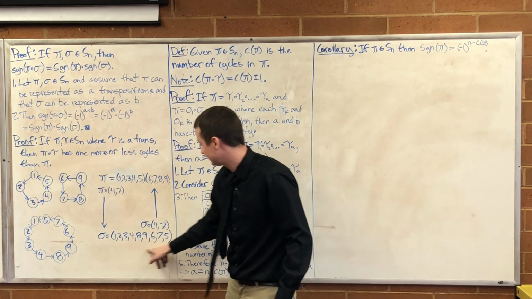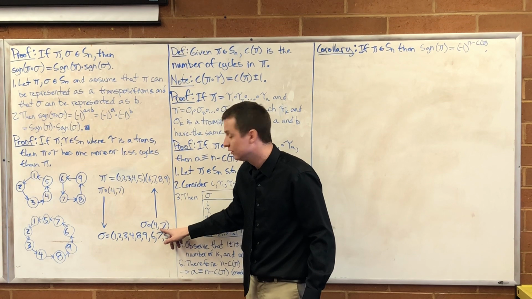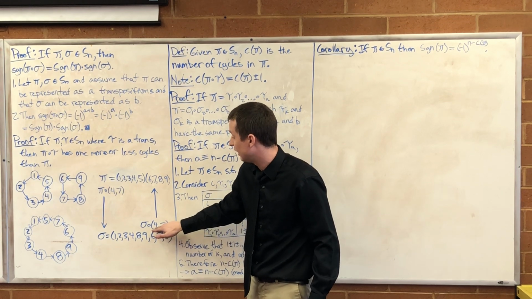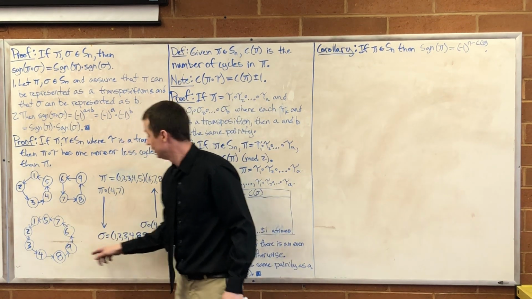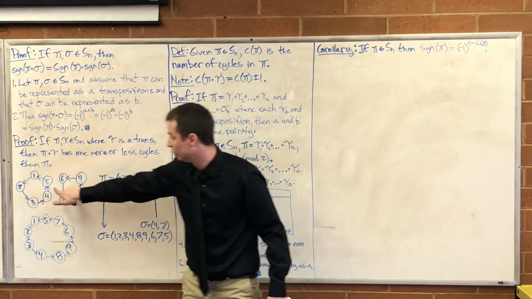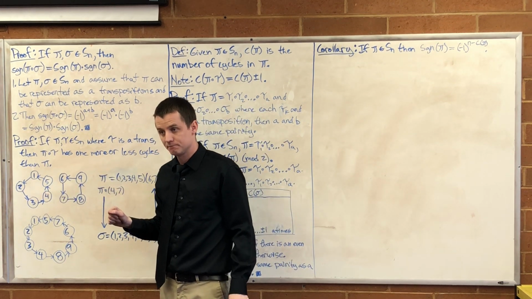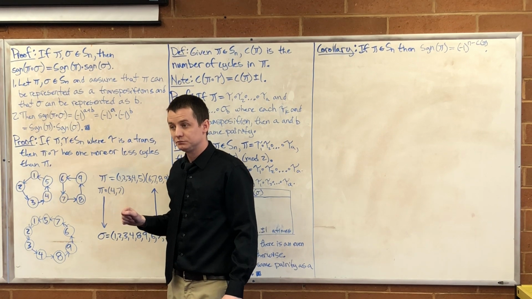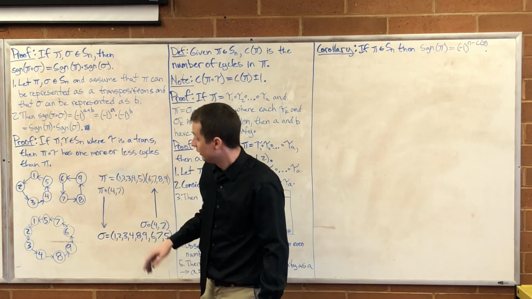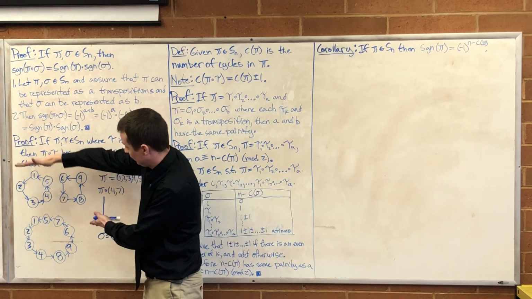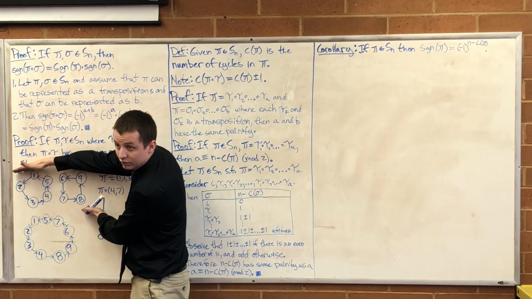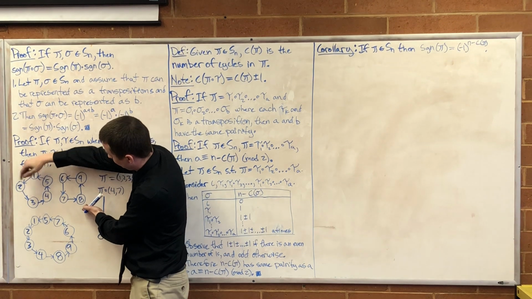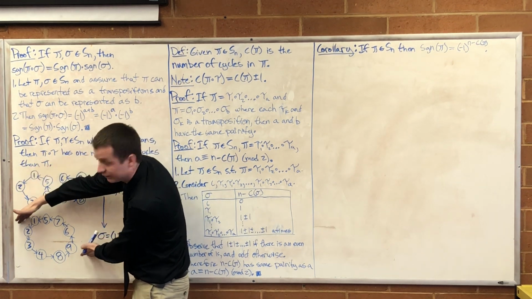And now when I take sigma and compose it with a transposition where both the elements are from the same cycle, it splits it into 2 separate cycles. So, if this is a piece of my function, 2 cycles, where my transposition has an element in each of them, it's going to connect the cycles.